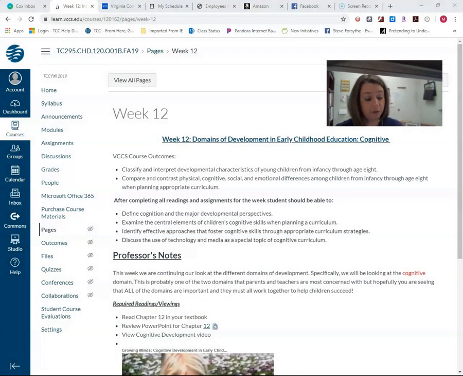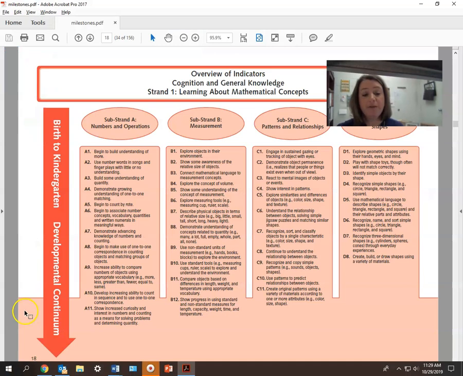So when you look at the milestones for the cognitive domain, I just wanted to point out that they are kind of special. They look very different than some of the other domains because you are looking at 3 distinct categories of knowledge. The cognitive domain not only is set up by strands, but they also have substrands within each of these strands.